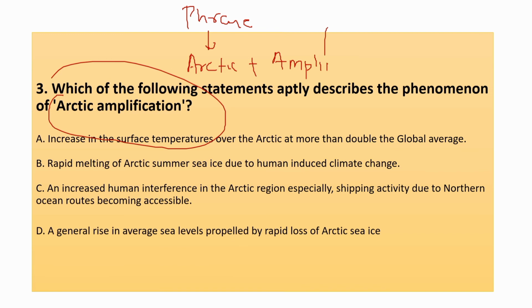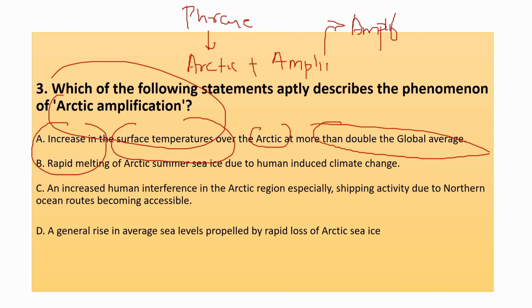In amplification itself, we can understand that something amplifies some phenomenon. That means there is an amplification happening. The first option shows an increase in surface temperature, so there is an amplification showing in the Arctic, more than double the global average. So it is the most appropriate answer.